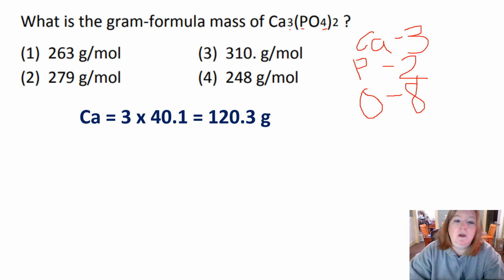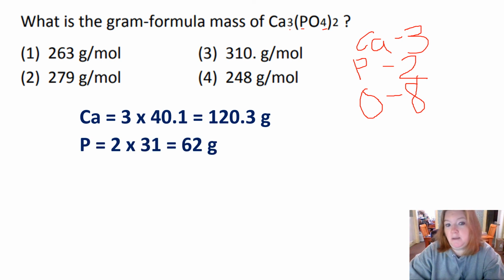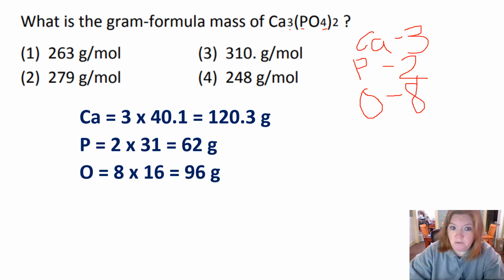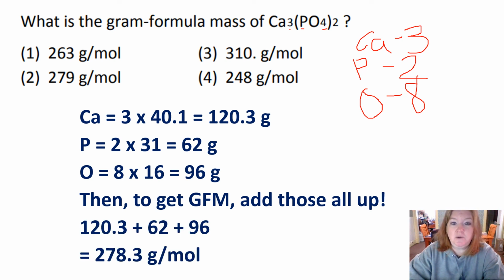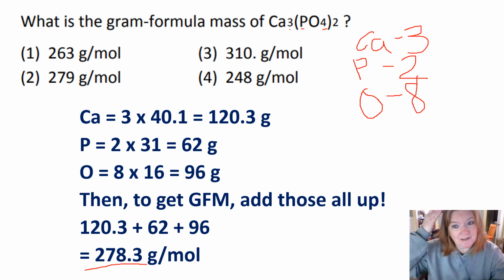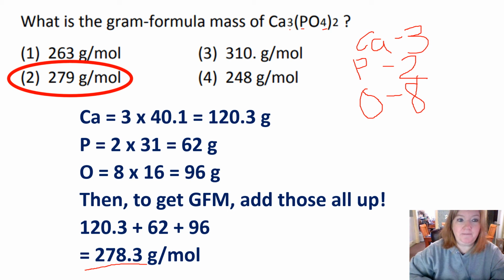Okay, so I have to find on the periodic table the molar mass, and I multiply. So I do that. Now what do I do? Add it all up, and you get this, which sometimes when this happens, we don't get an answer that is exact. This is not up here. But what is the closest answer? Be logical. There you go.